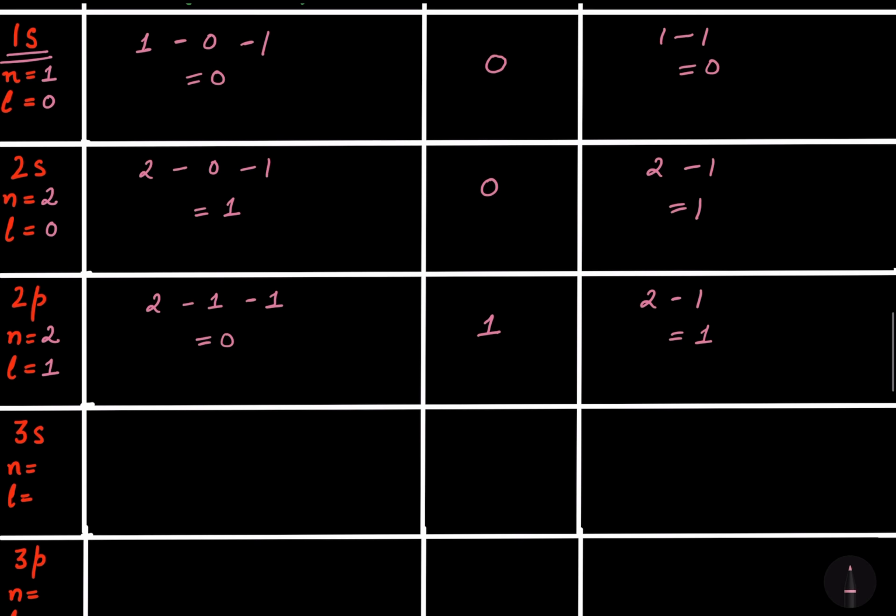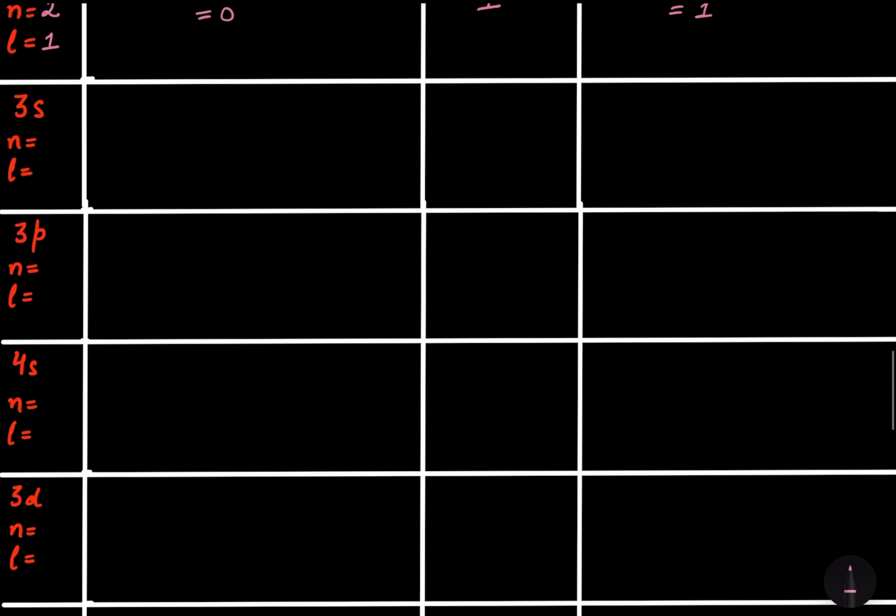So now let's evaluate for the 3s orbital. In case of 3s, our n comes out to be 3. The value of l to be 0 represents the s. So for 3s, the value of l comes out to be 0. So it's n minus l minus 1. It's 3 minus 0 minus 1. It comes out to be 2. So we are having 2 radial nodes in case of 3s orbitals, because 1s is present in 2s, 2s is present in 3s.